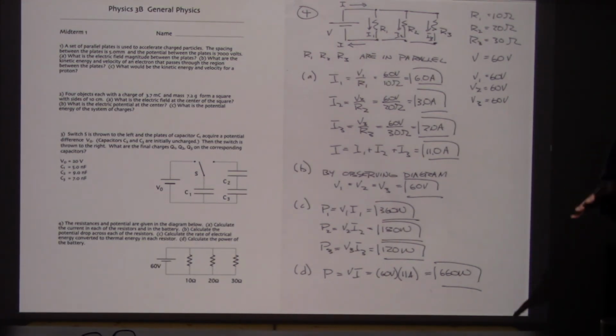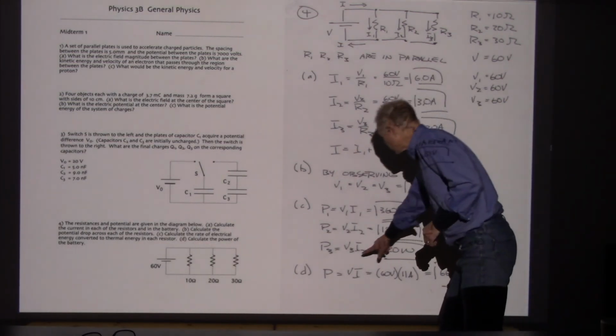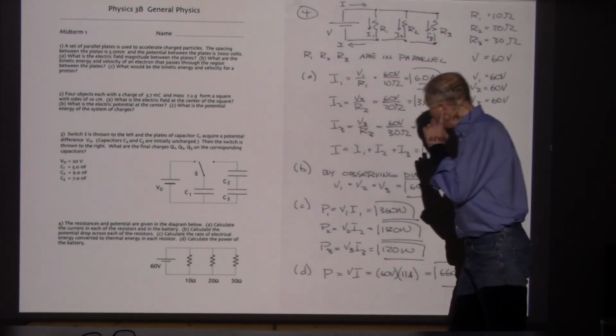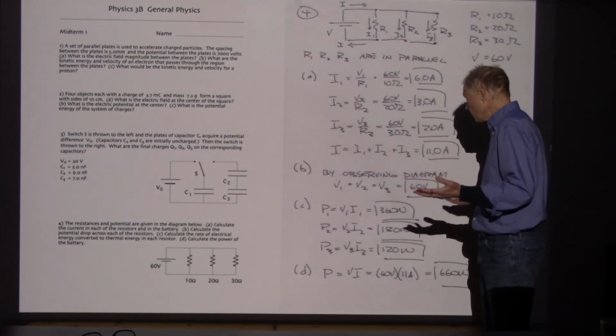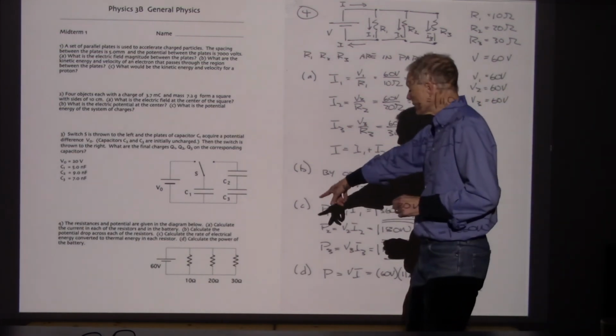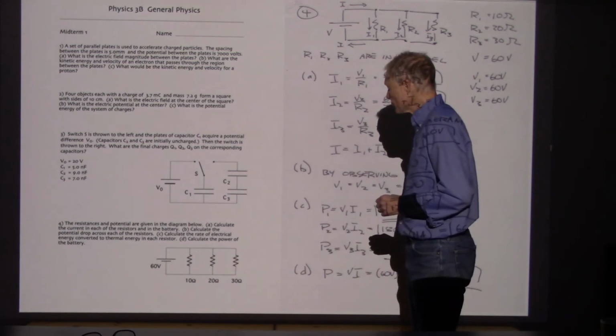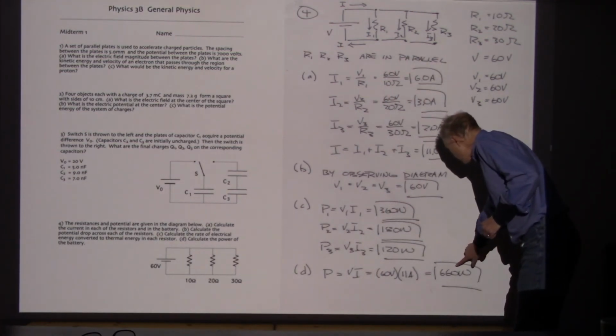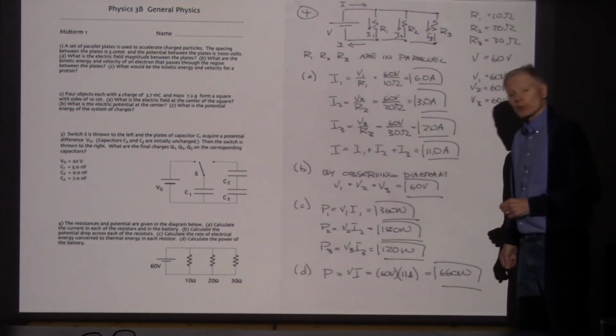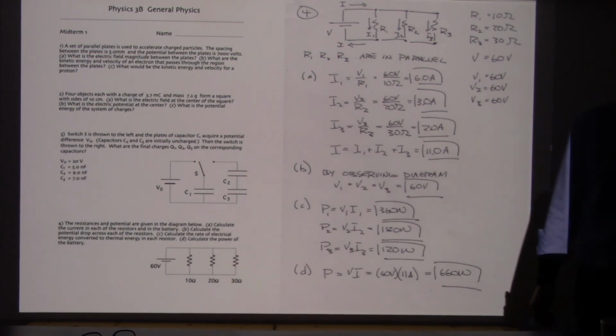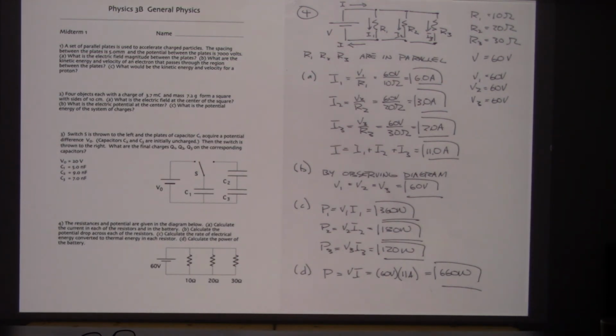So once I've identified the chemical reactions within the battery, that's going to determine its voltage. The power of the battery depends on what I hook it up to. So in this case, I've hooked it up to this set of resistors, and in this case, the battery has a power of 660 watts. If it were hooked up to a different set of resistors, there would be a different current, and it would be a different value of power.